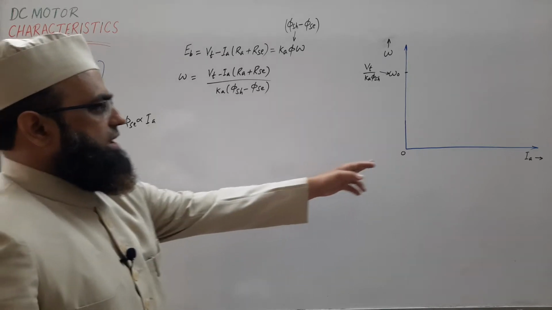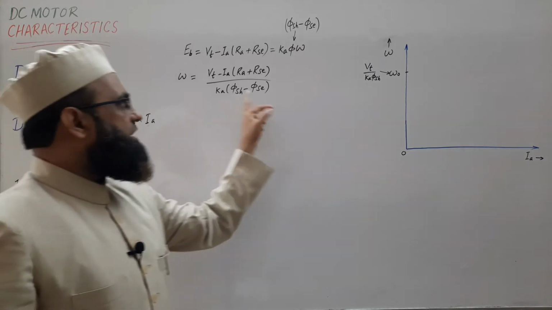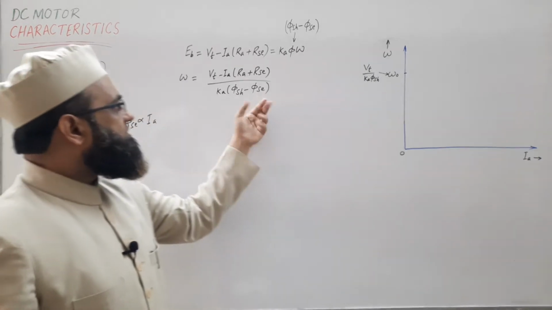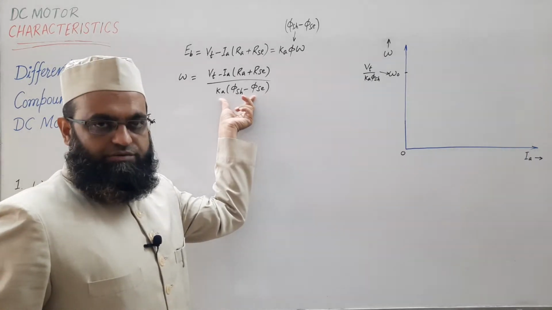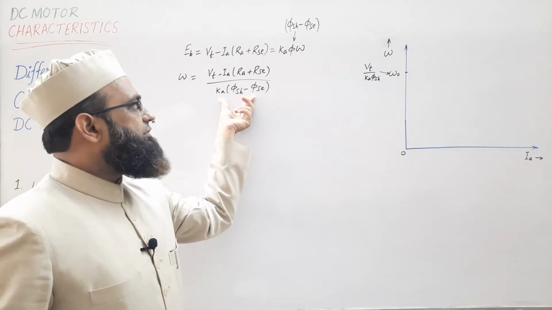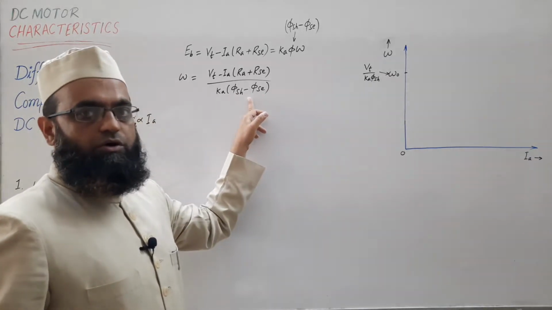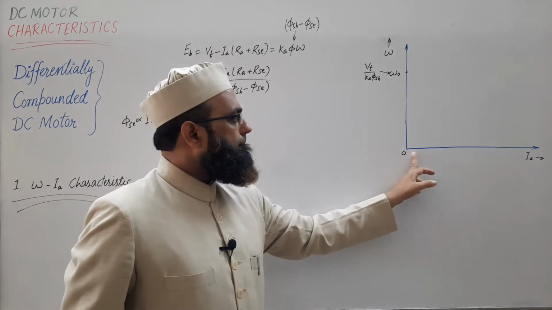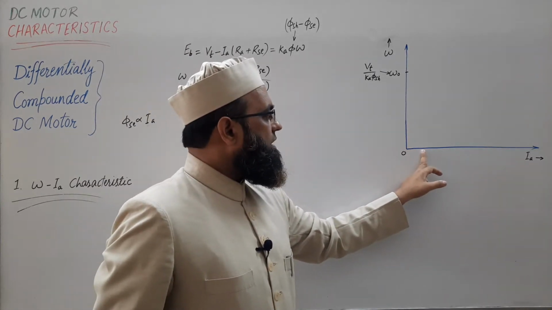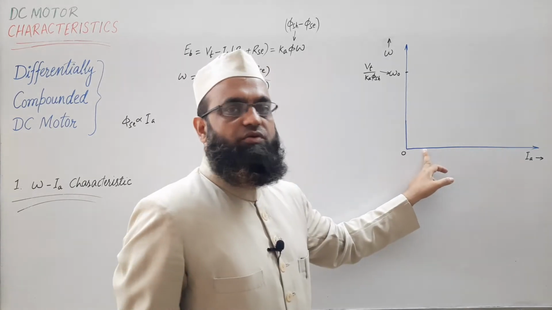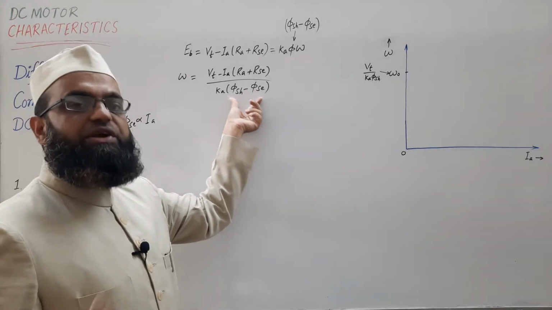When Ia starts increasing, phi se will also start increasing, hence this difference will start decreasing. Initially what is the difference? This minus 0 at Ia 0. After a certain time Ia has some non-zero value, so the corresponding phi se will have some non-zero value, so this difference will decrease.